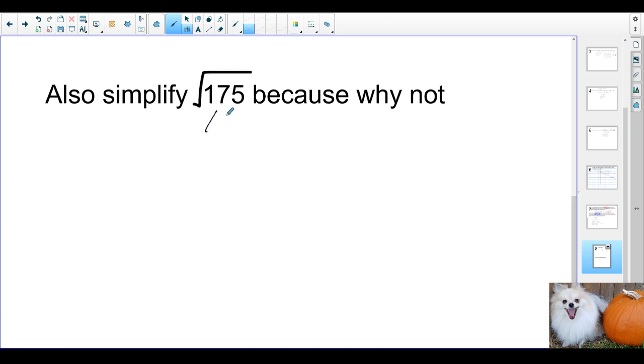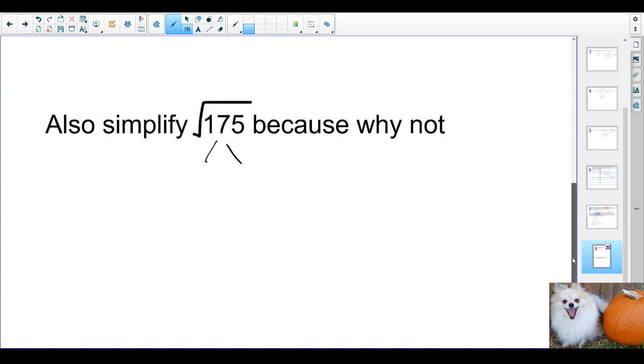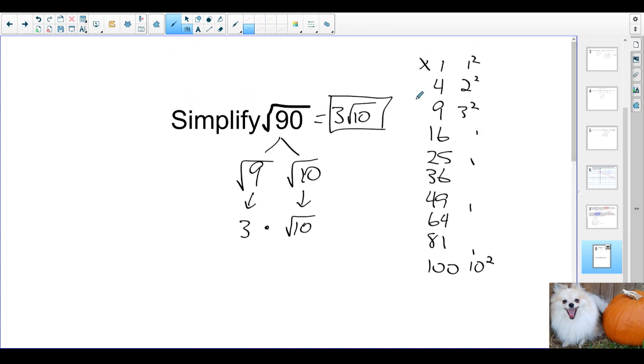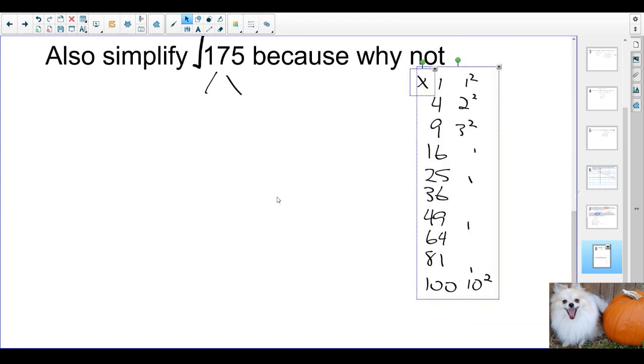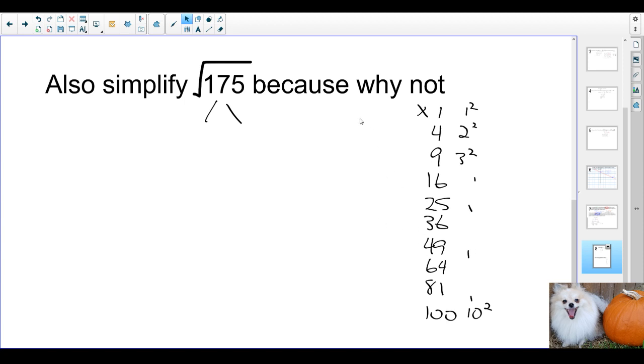Okay, square root of 175. So again, we go back to our chart. Copy this list, paste. So which of these can I get from 175? 25.